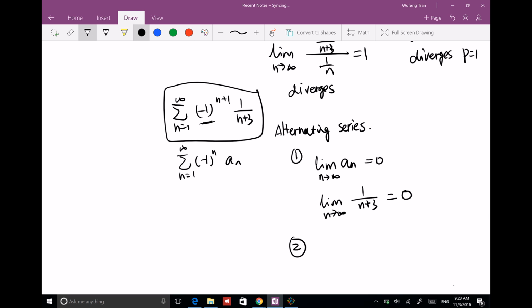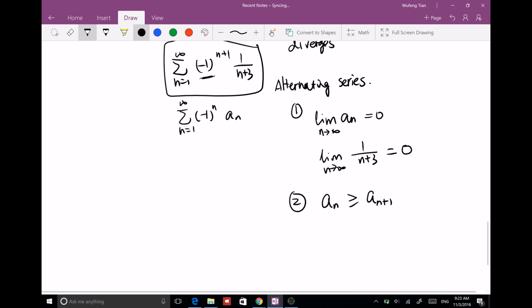Okay, alternating series, I need to check two things. The second thing, I need to check a_n and a_(n+1). Greater than or equal to, or less than or equal to? Greater than or equal to, right? Okay, very good. What is a_n? 1 over n plus 3.